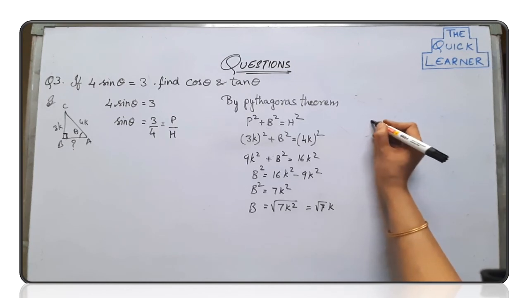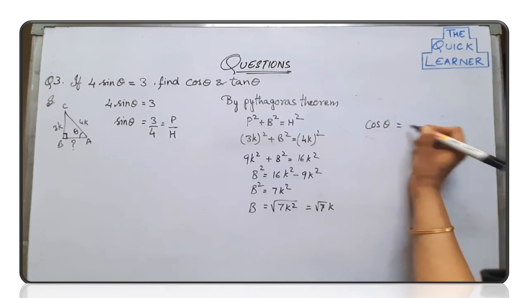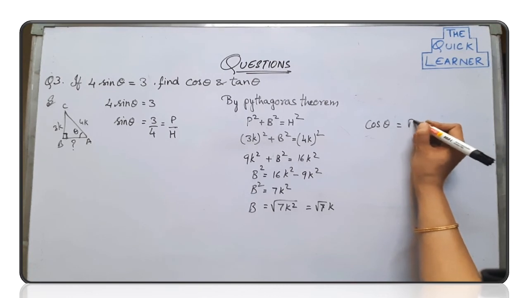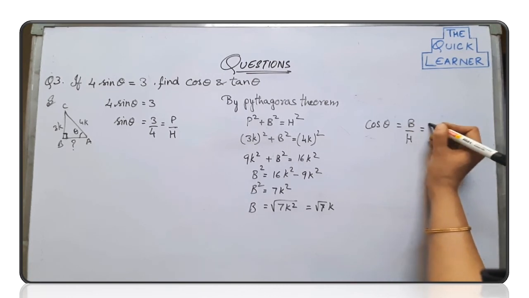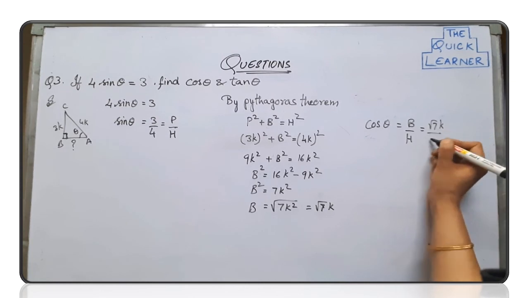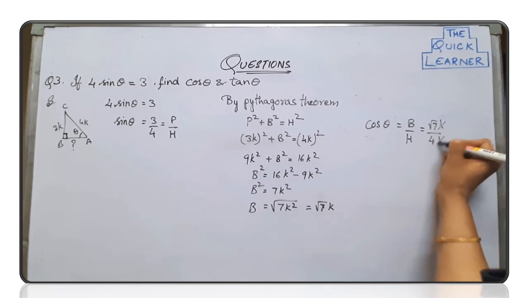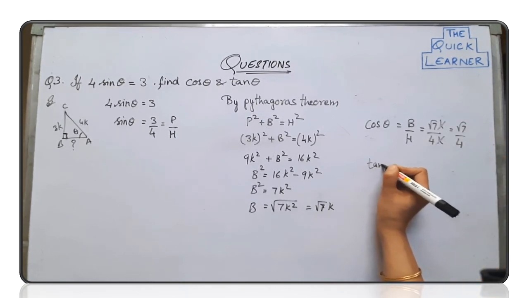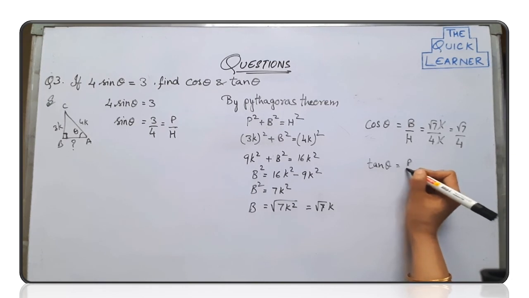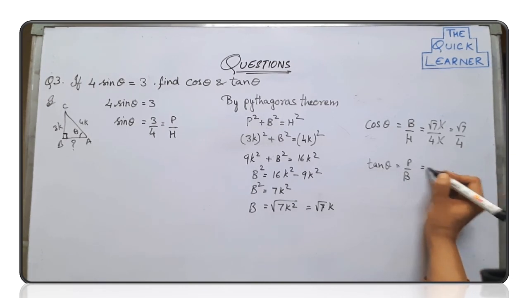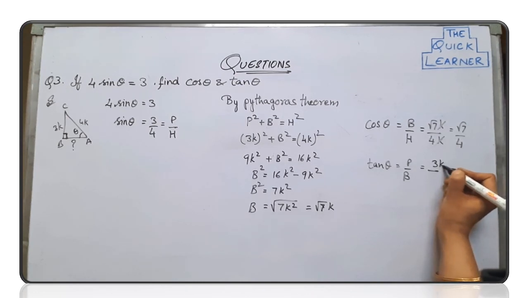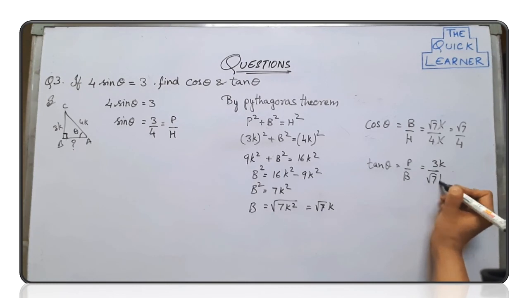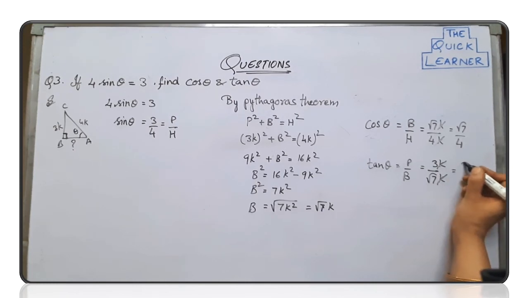Then your cos theta value will be base by hypotenuse, that is root 7k by 4k. K and k gets cancelled, root 7 by 4, right? And your tan theta will be perpendicular by base, that is perpendicular is 3k and base is root 7k. K gets cancelled, 3 by root 7 is your answer.